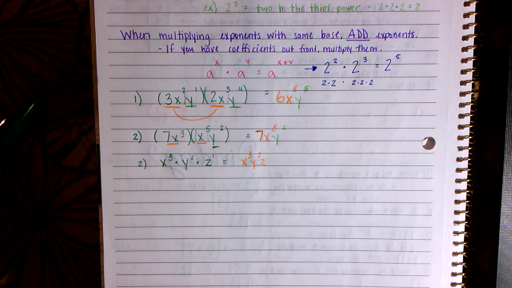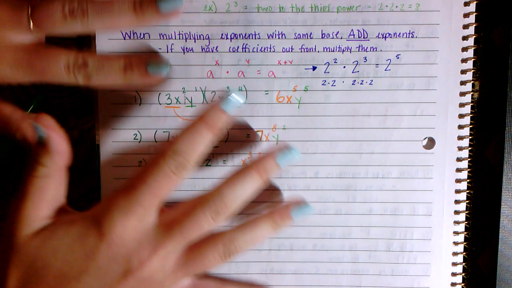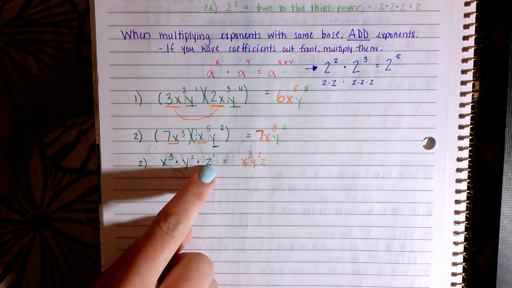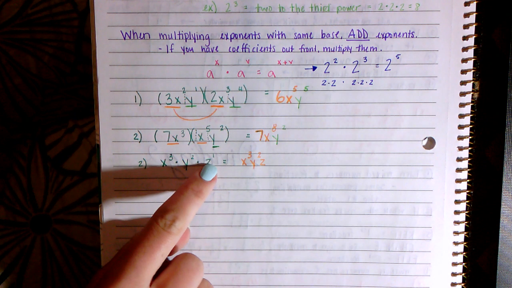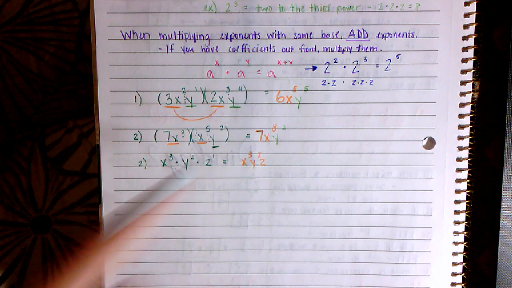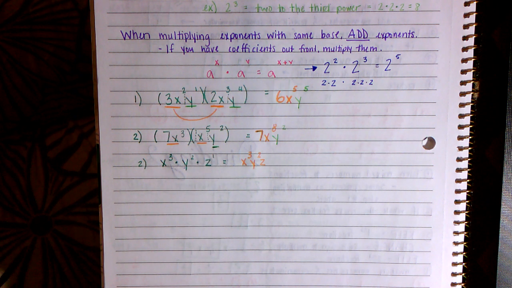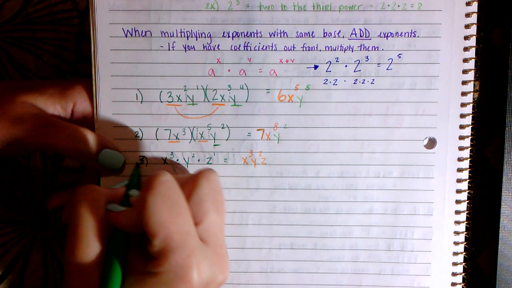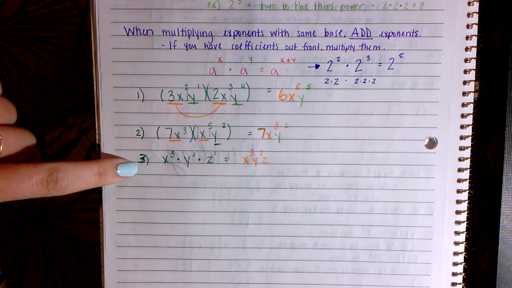So a lot of times in math, there are 1s everywhere. We just don't write them. So know that any variable that doesn't have an exponent does have an imaginary 1 up there. It won't change anything, but it's there. Well, also this is supposed to be 3, not 2.